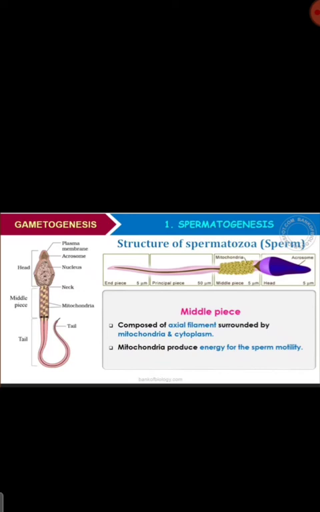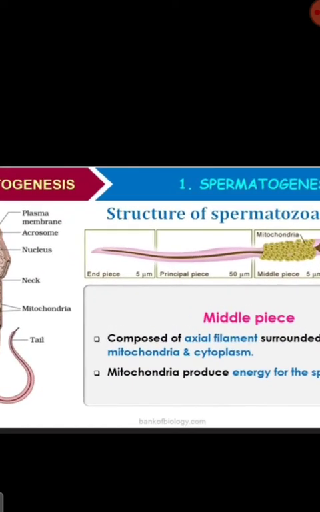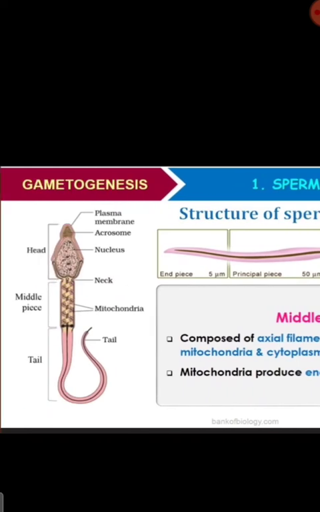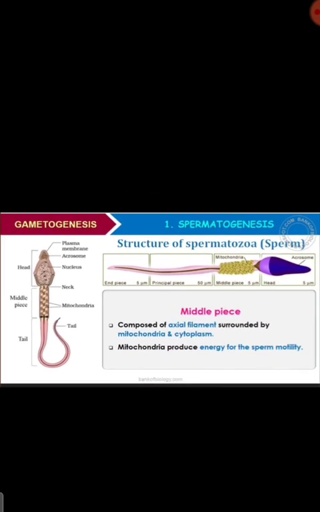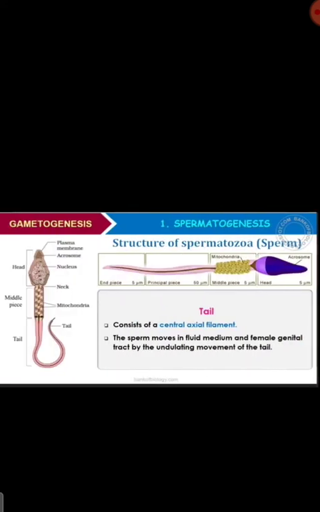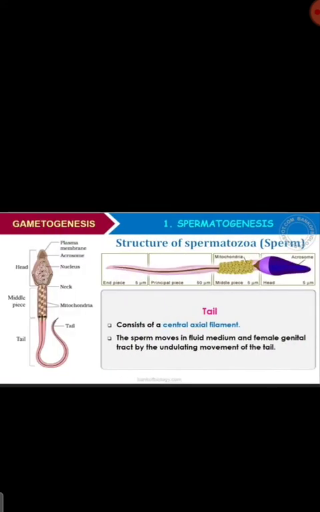As we know, sperm should move, right? That is the reason the mitochondria is present in the middle piece, to produce energy for the sperm motility.